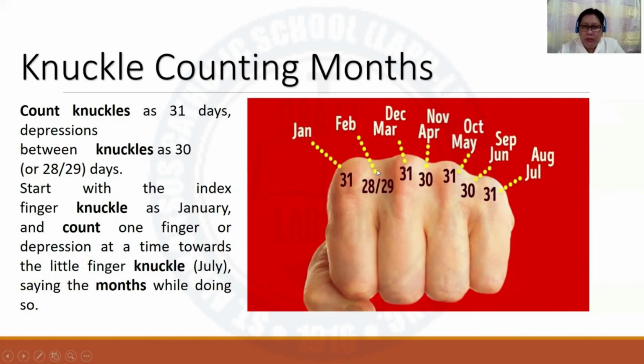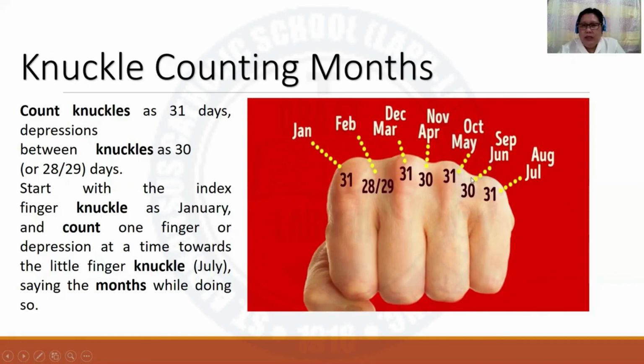And then the depression part, in between the two knuckles, this is good for 28 or 29 days for February. And then the next is March, that is 31 days. Then April, the next depression, that's good for 30 days. And then May, 31 days.